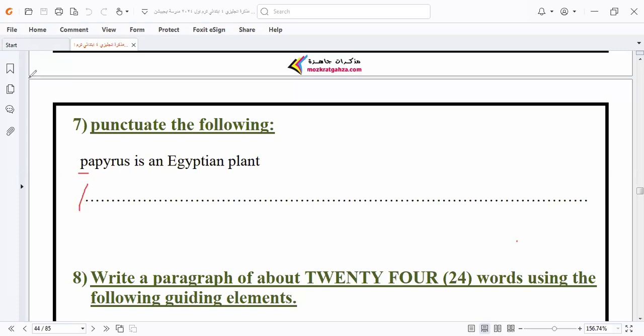So here we write P in capital letter. So this letter must be written in capital letter. So I underline it to correct it like this. Papyrus in small letter, I write it in capital letter, and at the end of the sentence I put what? I put a full stop.